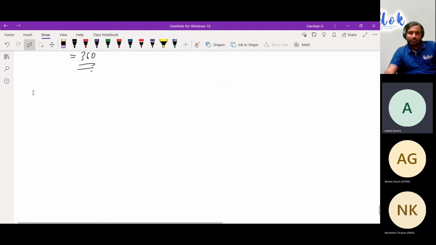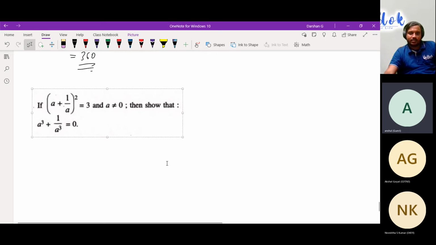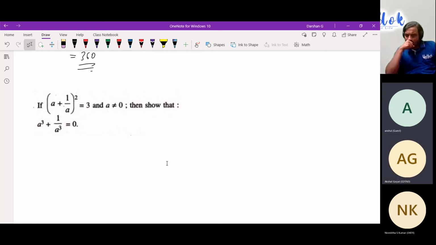So next problem. Everyone will be solving this problem fast. Show that if (a + 1/a)² equals 3, then a³ + 1/a³ equals 0.